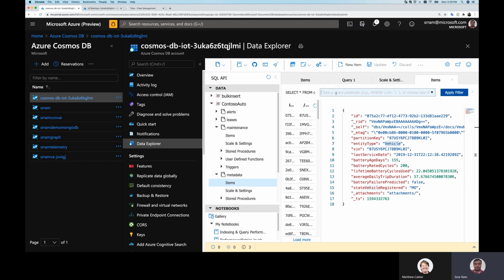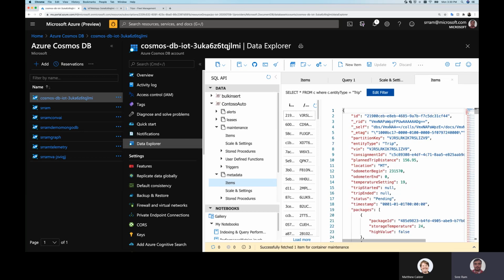So let me quickly edit the filter, and where I say where c.entityType equal to trip. Okay, let's see the trip.